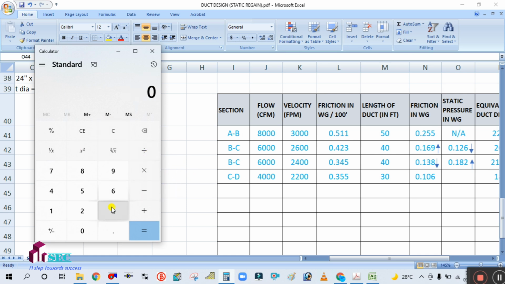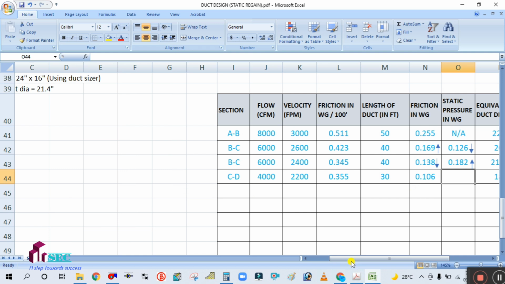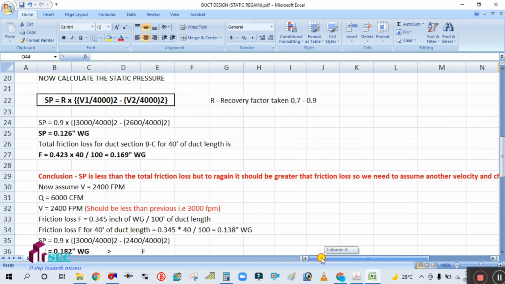And then this one 2200 divided by 4000 is equal to 0.55 and whole square is 0.302. So 0.36 minus 0.302, 0.05 into 0.9. Okay, so 0.052. So a static pressure will be 0.052.